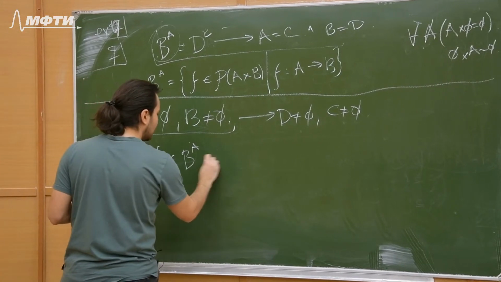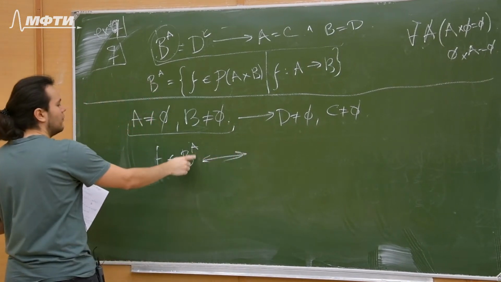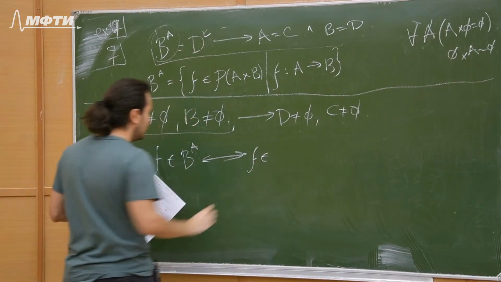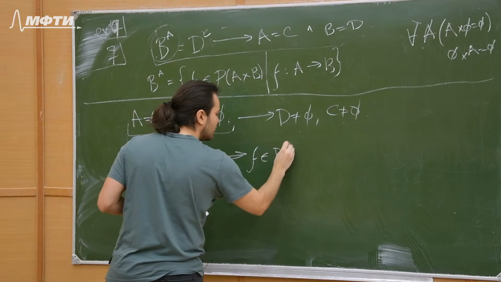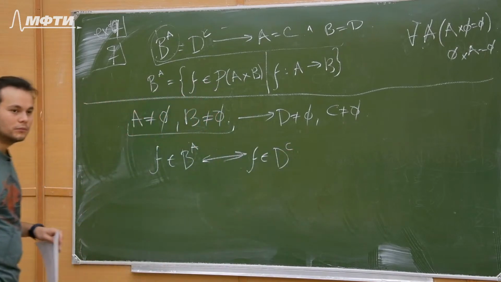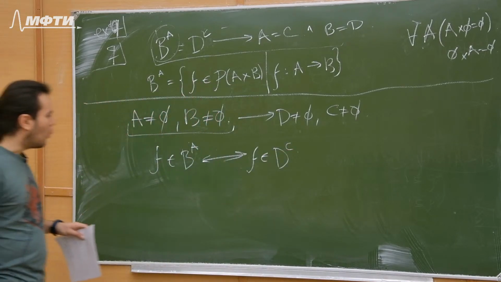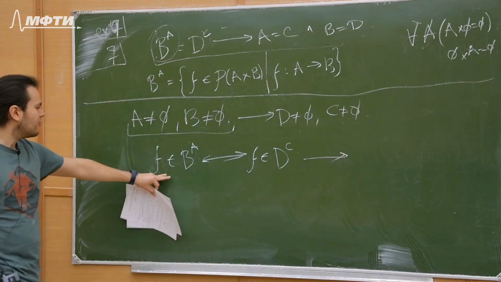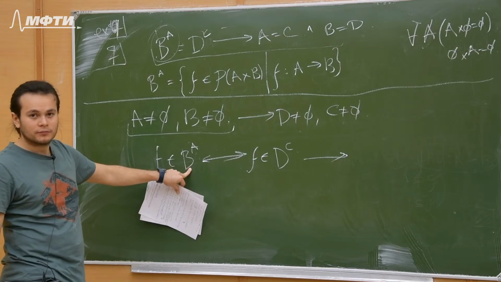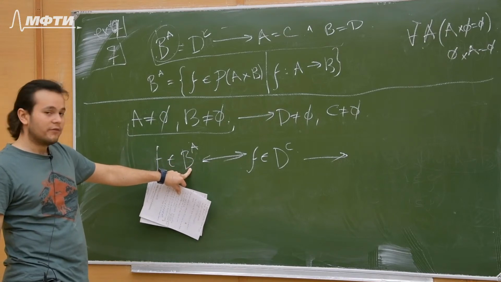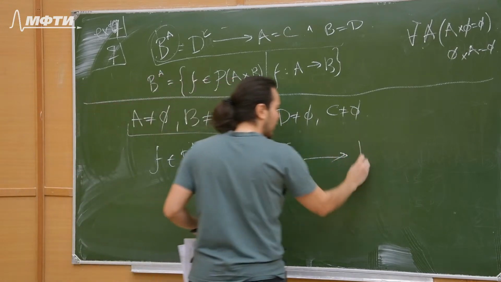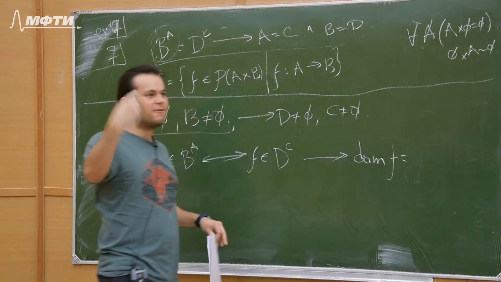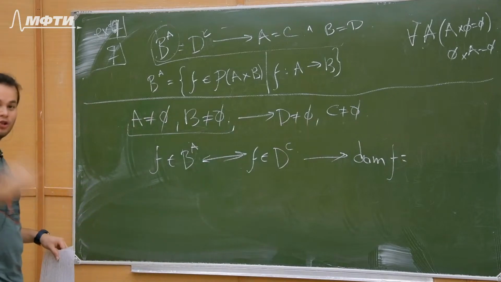And we know that B to the A is equal to D to the C. So it means that f is an element as well of D to the C. Okay. And what does it mean? So if we have a function f from A to B, it means that the domain of f, since f is a function, then f should be total.